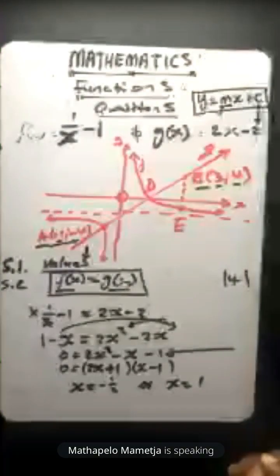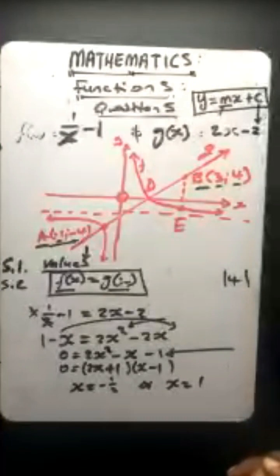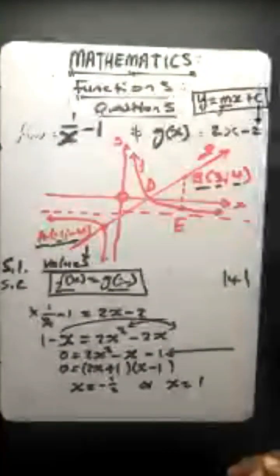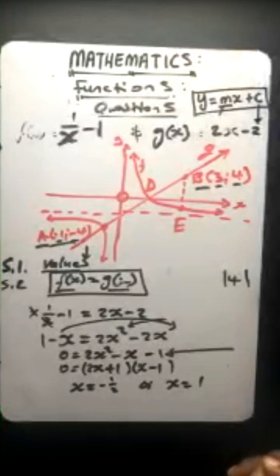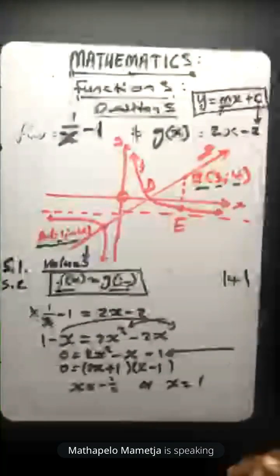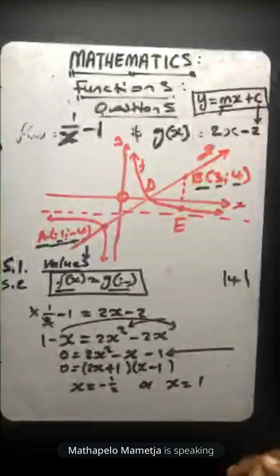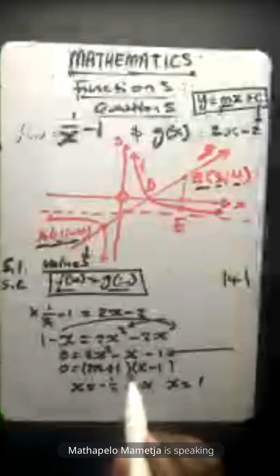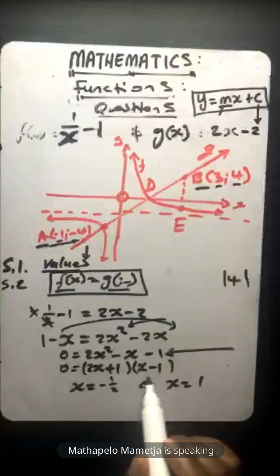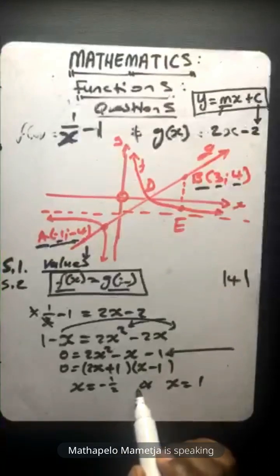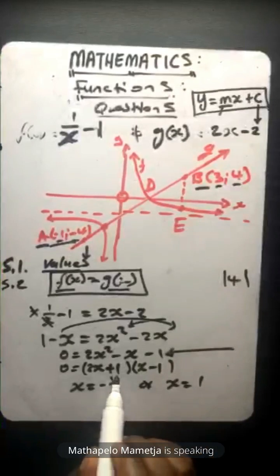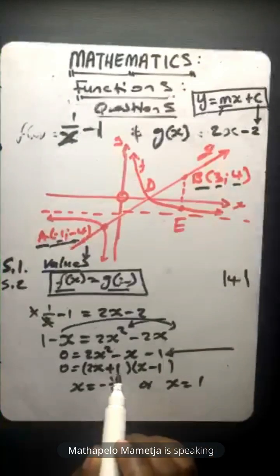I think it's Matapelo there. Matapelo, say it. I was saying open bracket 2x plus 1 into x minus 1 is equal to 1 over 2.